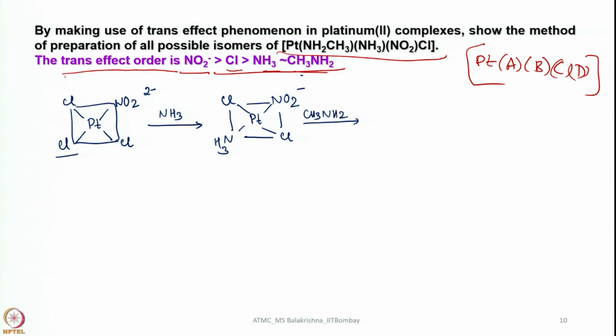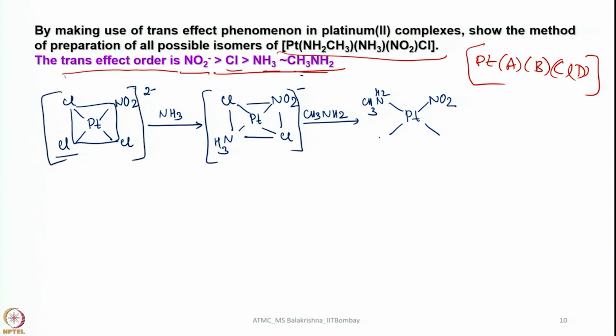Now we should see where methylamine goes. Now we have two chlorides. Among the chlorides, one of the chlorides should go. So we made one, this is one isomer.